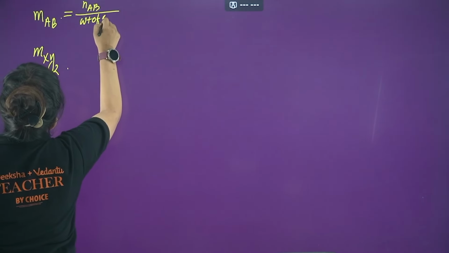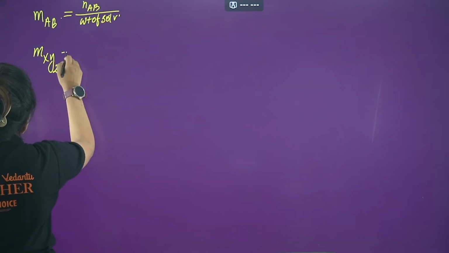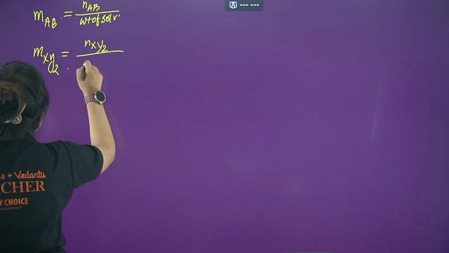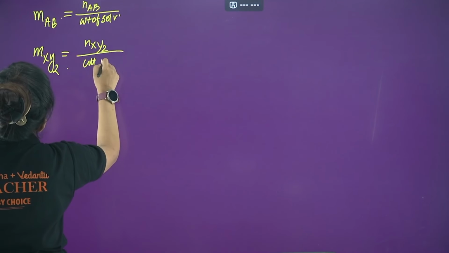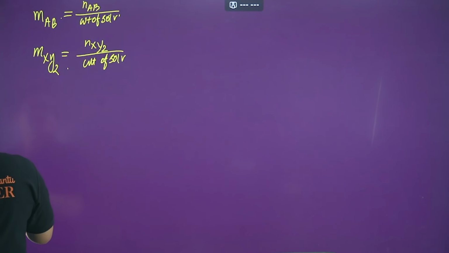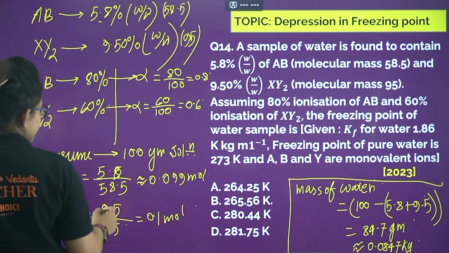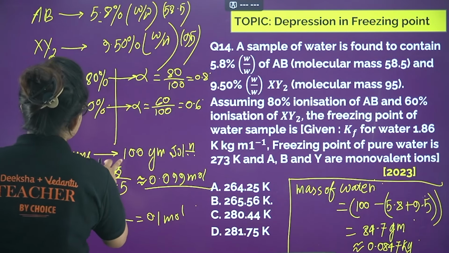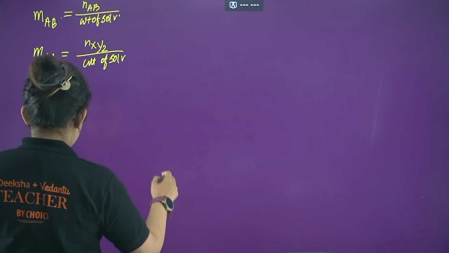For XY2 also, number of moles of XY2 divided by weight of the solvent. Okay, let's put the values. Number of moles of AB was 0.09 and the solvent was 0.0847.